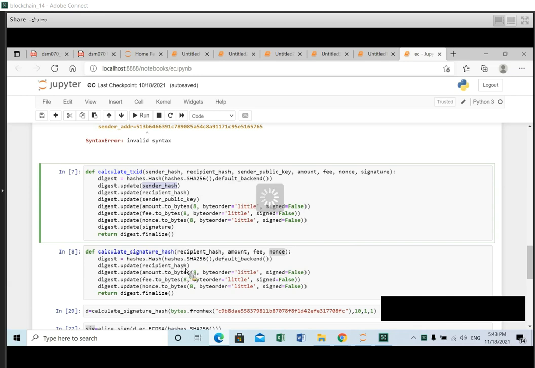But I must convert it using this command, bytes from hex. So this is the recipient hash. And now for the sender hash, I must cut this part and replace it with this part. This is the sender address. Okay, I put it here.